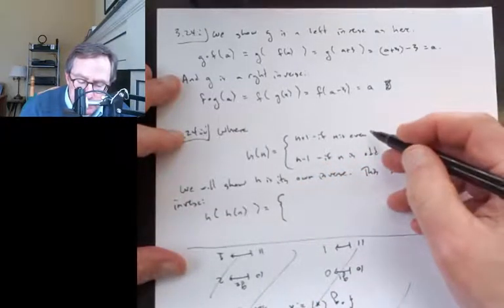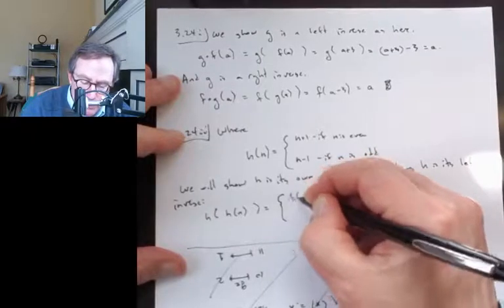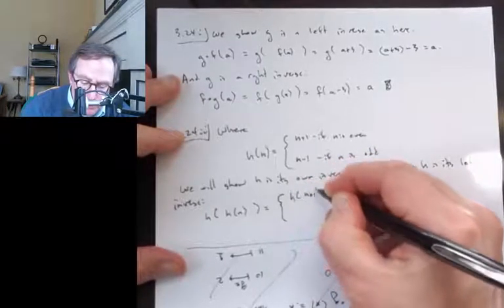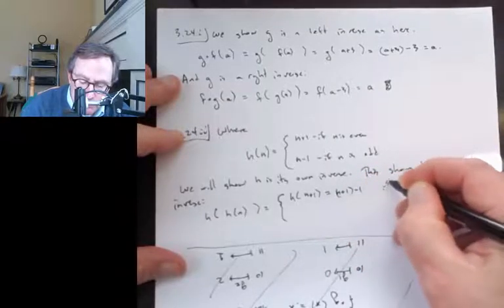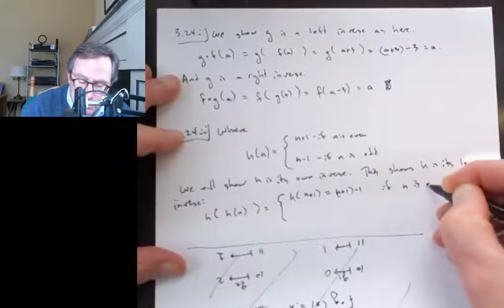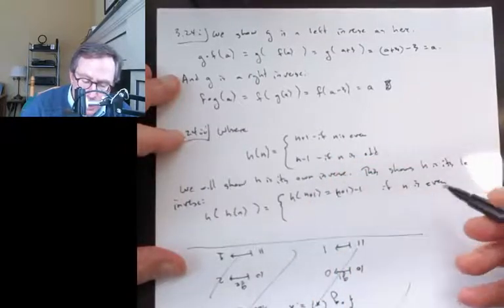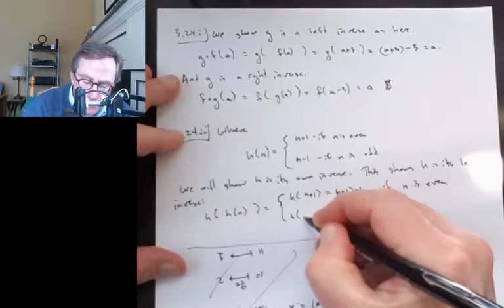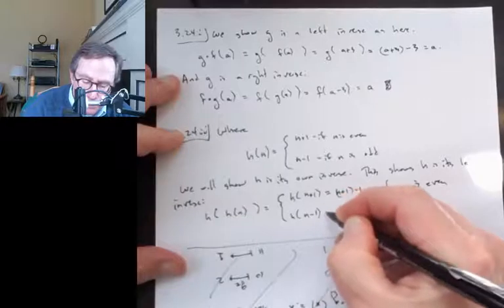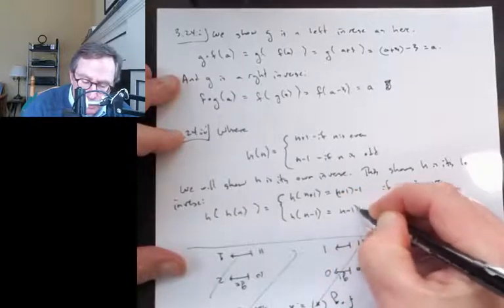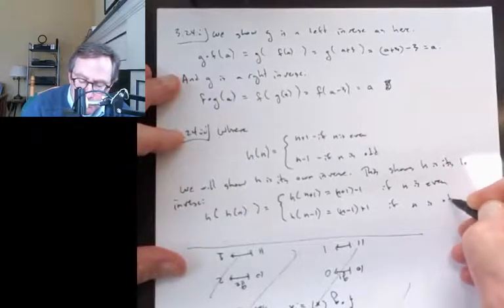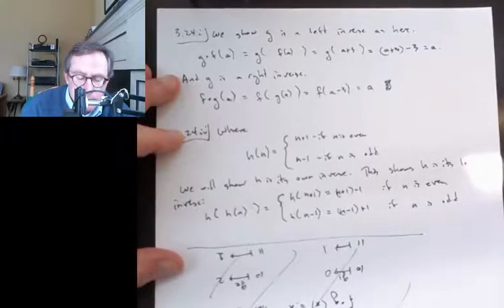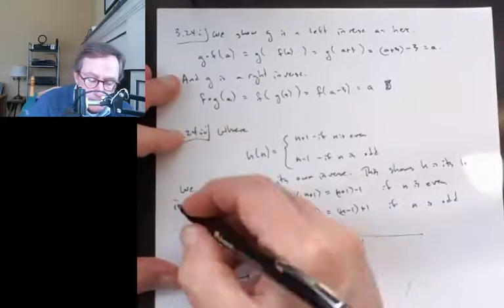If n is even, then I'm looking at h of n plus 1, which equals n plus 1 minus 1. And the opposite is h of n minus 1, which is n minus 1 plus 1, if n is odd. And of course, in either case, you get n.